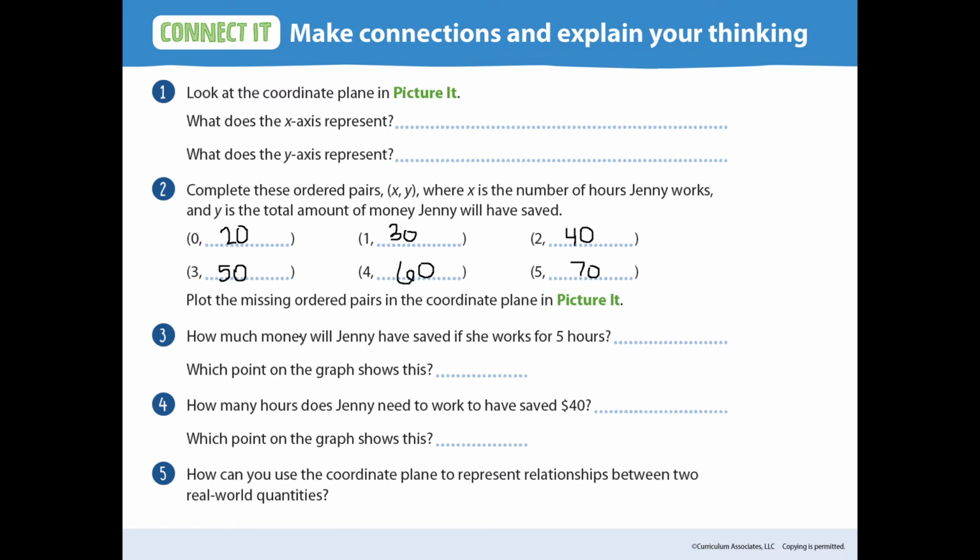How much money will Jenny have saved if she works for 5 hours? Jenny will have saved $70. Which point on the graph shows this? The ordered pair for that point is 5, 70.